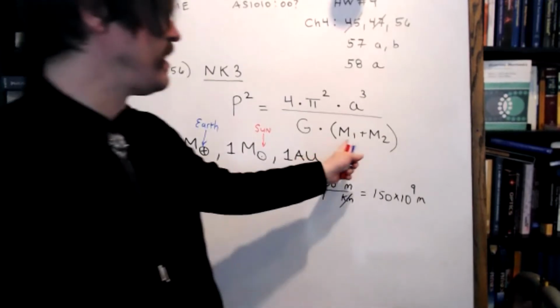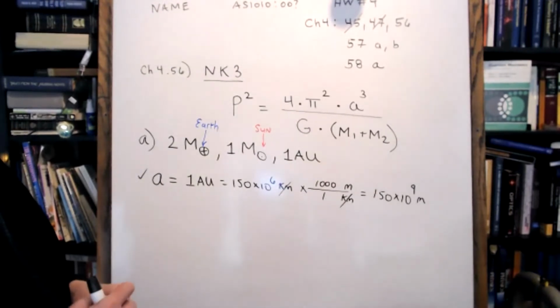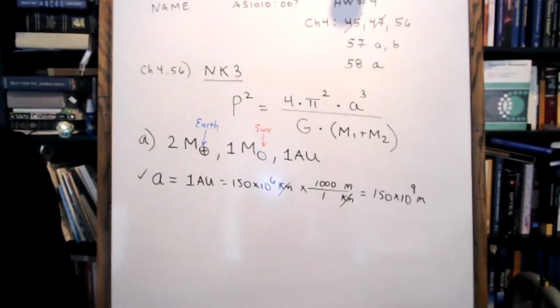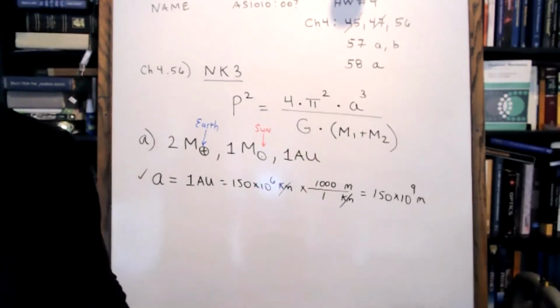Now I want to focus on M1 plus M2. What are those masses? What are the M1 and the M2? Those are Earth and the sun. Not quite. One of them is the sun, the other one is 2 times the mass of the Earth.